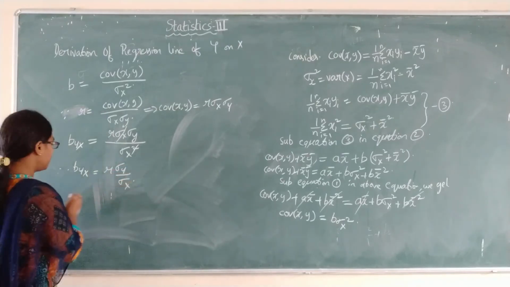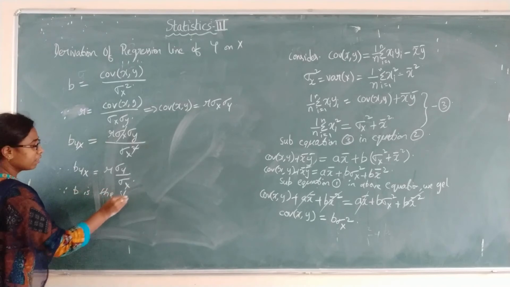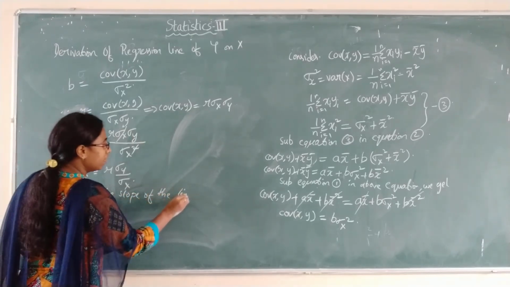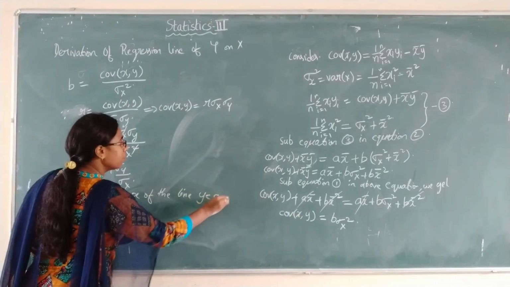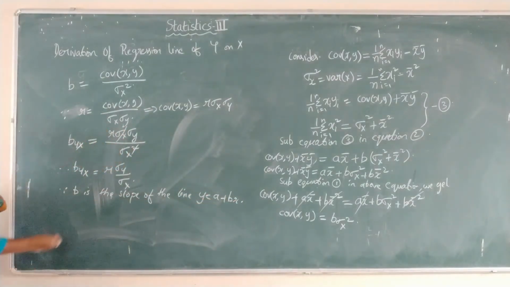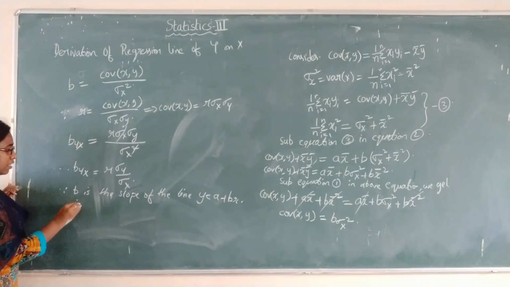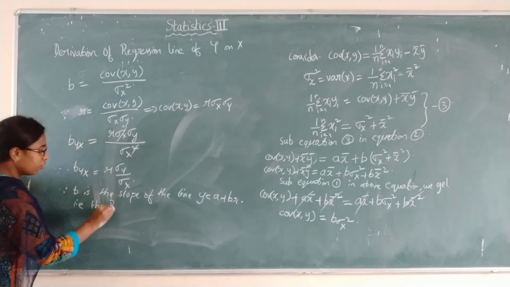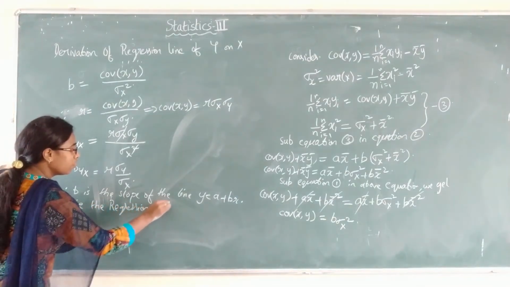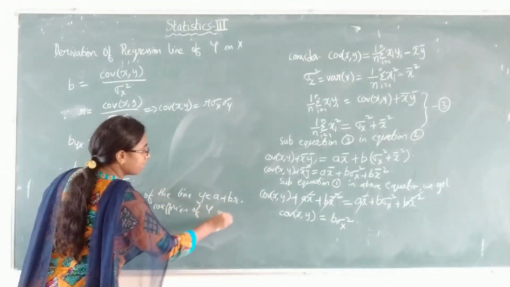So that is, since b is the slope of the line, y equals a plus bx. Since here b is the slope, it is nothing but the regression coefficient of y on x.